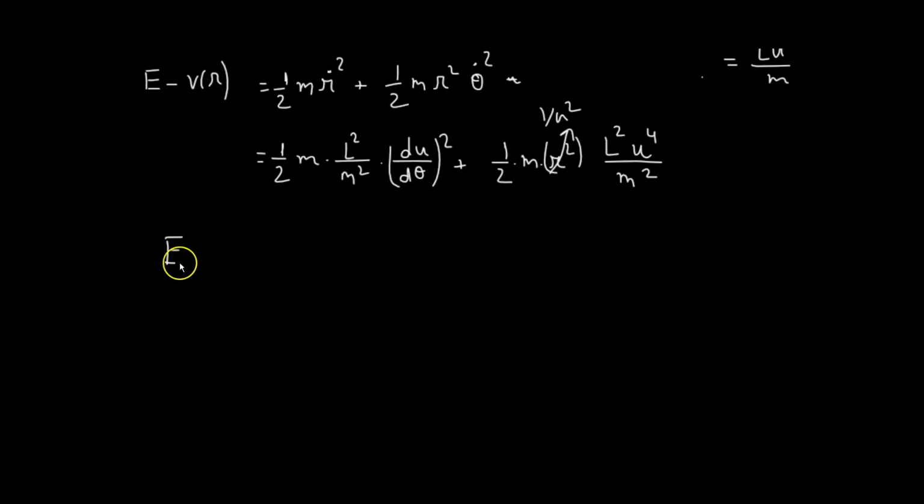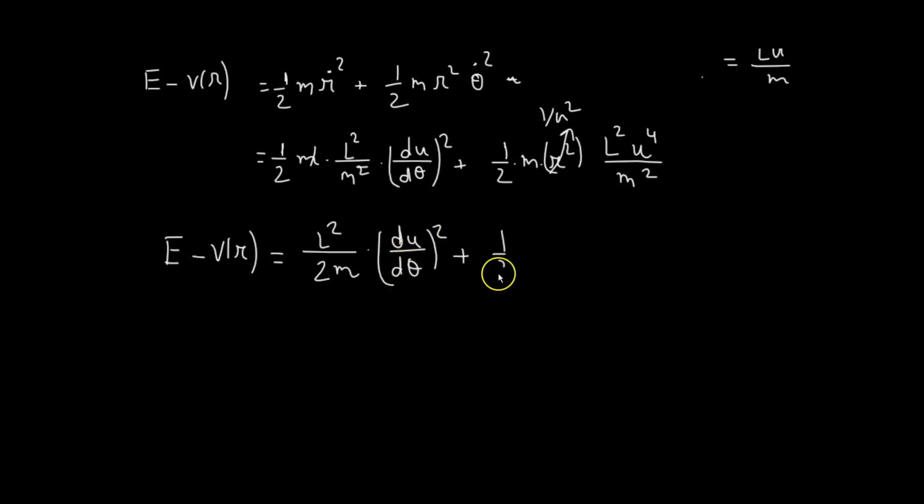So that gives us E − V(r) equals, with the m from the numerator and denominator going away, L²/2m times (du/dθ)² plus ½ times m/u² times L²u⁴/m².